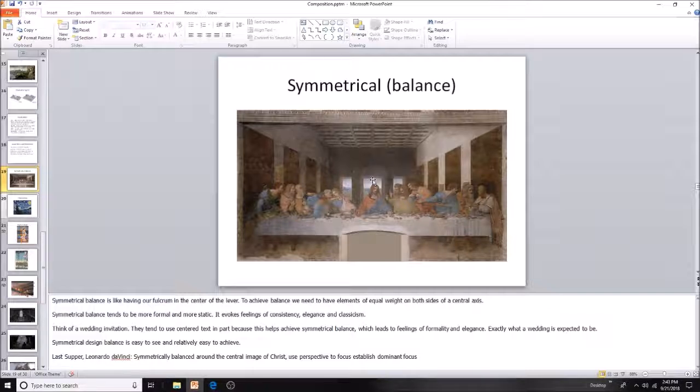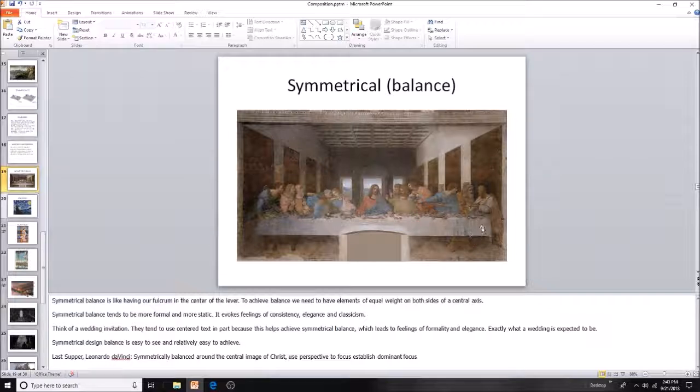So the architecture is bringing your eye to the middle, and then you have this central figure which is balanced on either side, and also helping bring your eye to the middle. So again, in the end, we get this very balanced, focused type of experience from this image.